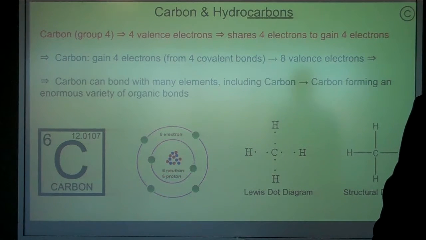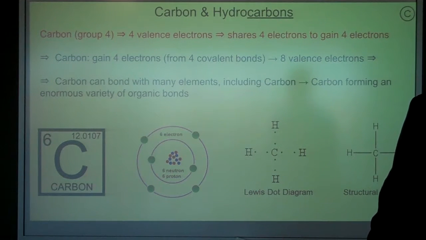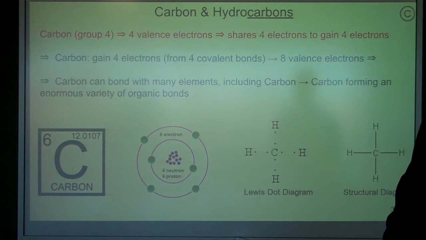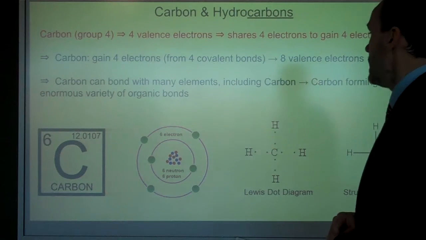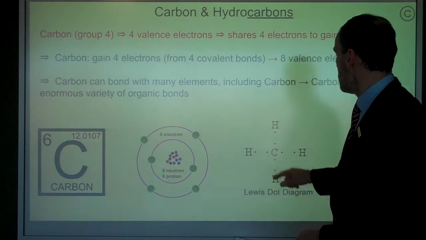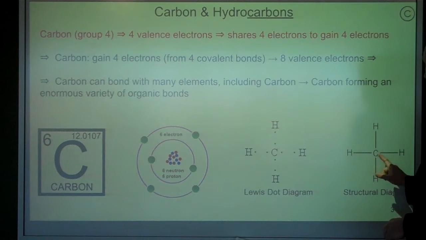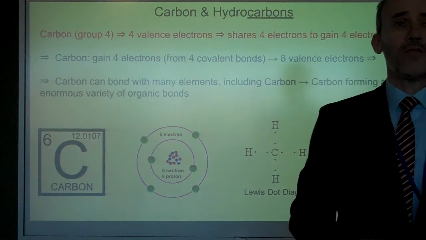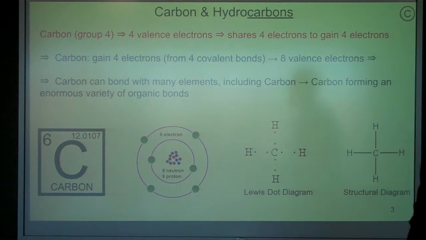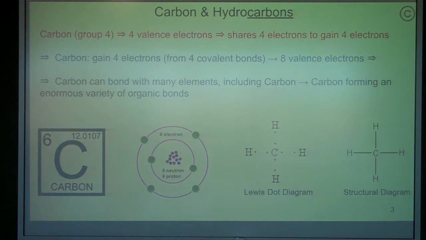There are no lone pairs in any of the alkanes, alkenes and alkynes, but in alcohols there are, because alcohols contain oxygen, which will have its 2 lone pairs. So there's our Lewis diagram for methane, and here is our structural diagram for methane. Carbon shares 4 electrons with 4 hydrogens, and each hydrogen shares 1 electron with the carbon.